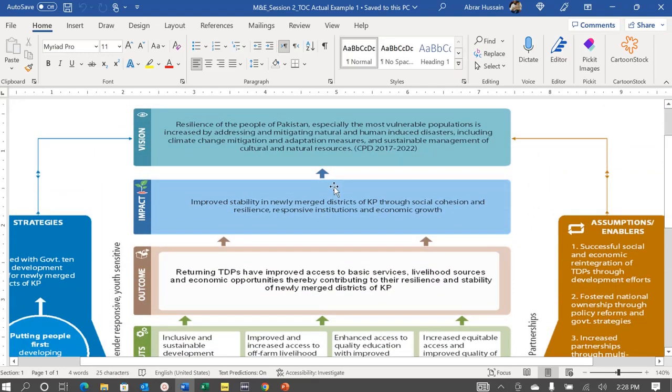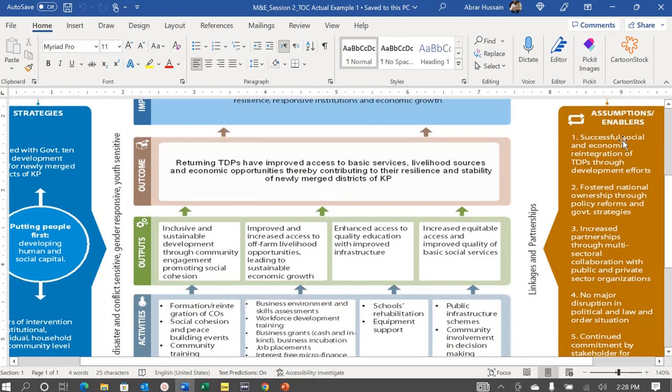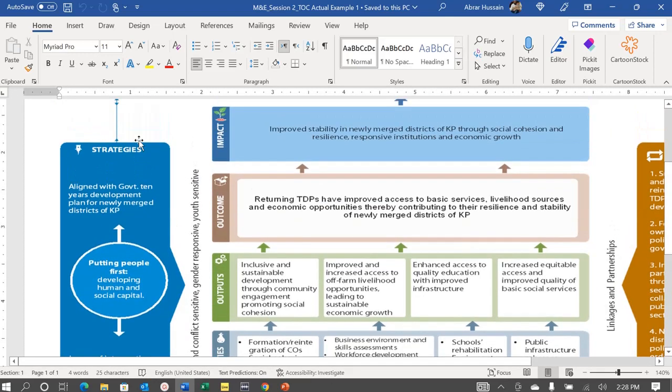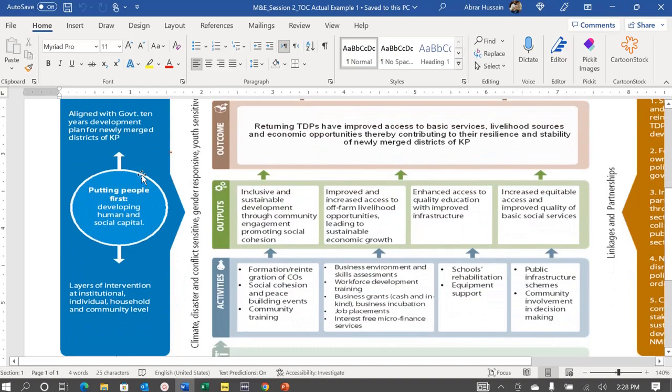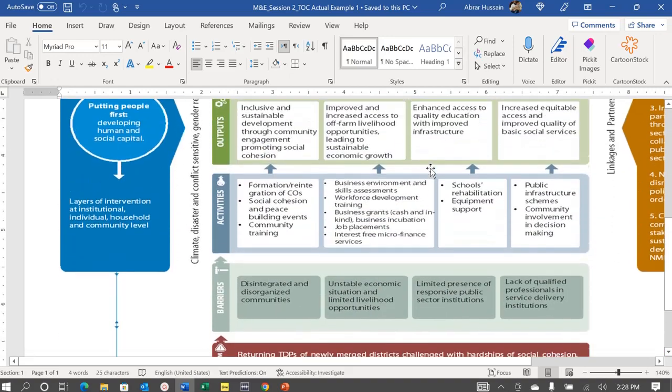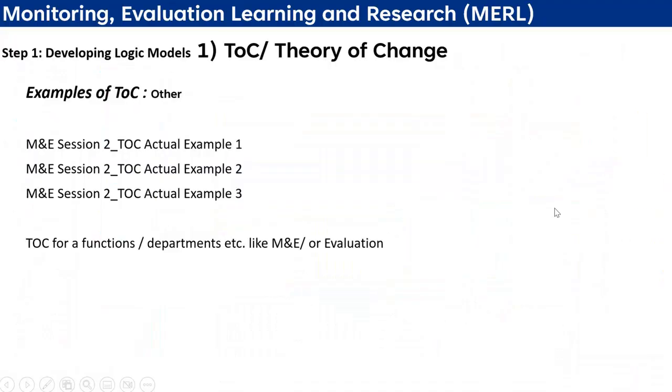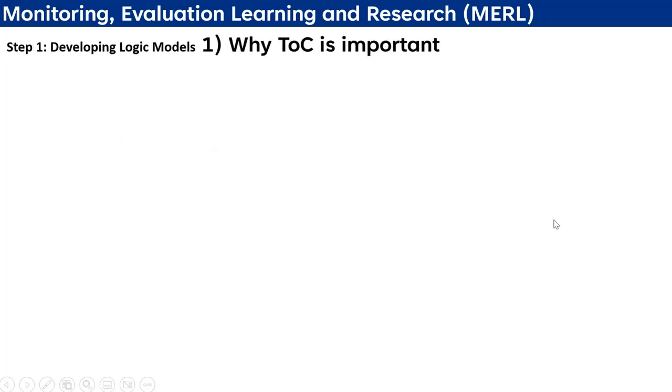Different approaches are used by different organizations, and here they have described some of the assumptions and enablers, and on this side they have described their strategies, or you can say approaches, etc. So these are the different types of examples which we will be discussing in detail as we go on. We will be seeing and describing them, and then developing our own theory of change for a scenario.